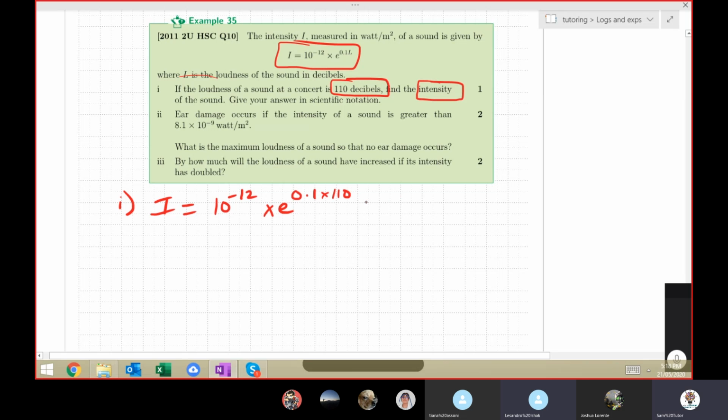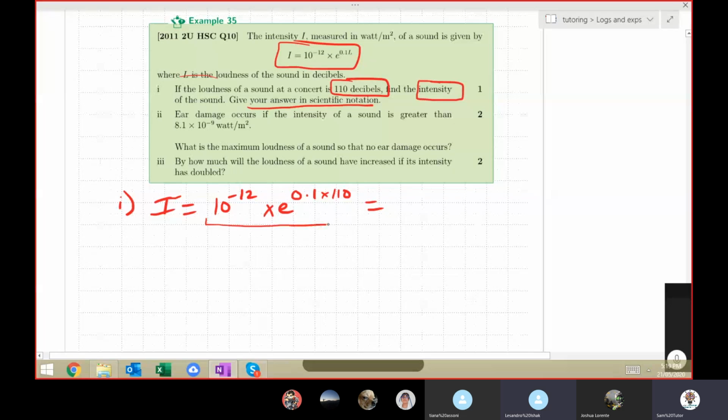And that's it. And what would you do? Get rid of the 10. Oh, no, you're not even solving, are you? This is already all on one side. Okay, I is already the subject. So what are you going to do?